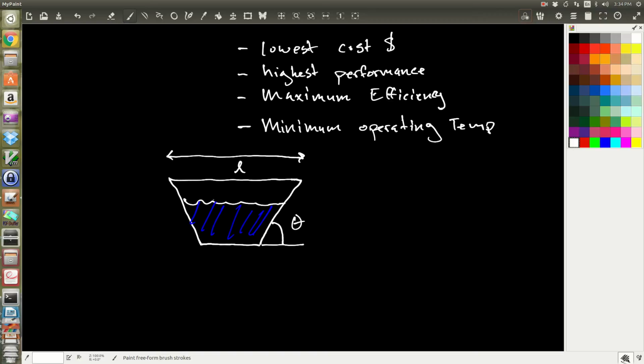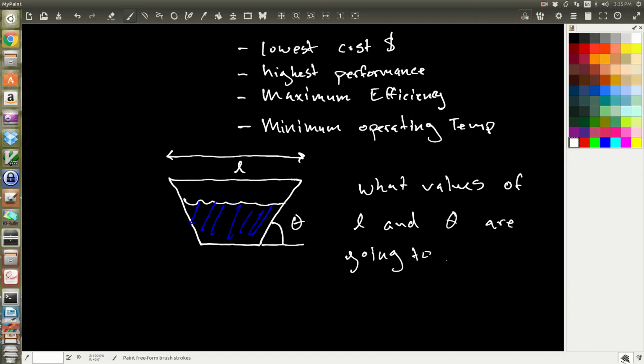We might say, okay, our design has this layout, but what values of L and theta are going to minimize surface area.